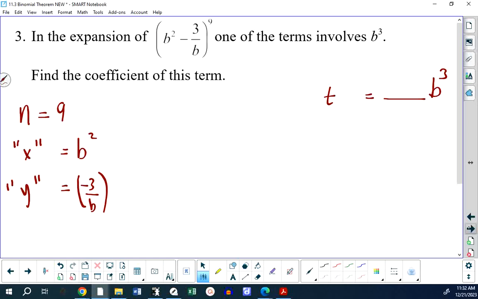Jay? K. We need to know the term number, so we can know what k is. If it's the fifth term, then we're going to have to use k equals 4. So we need to know what k is for this term, or we need to know where in the list this term is.